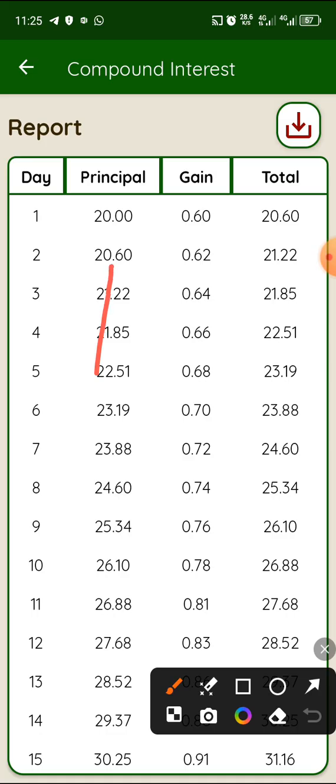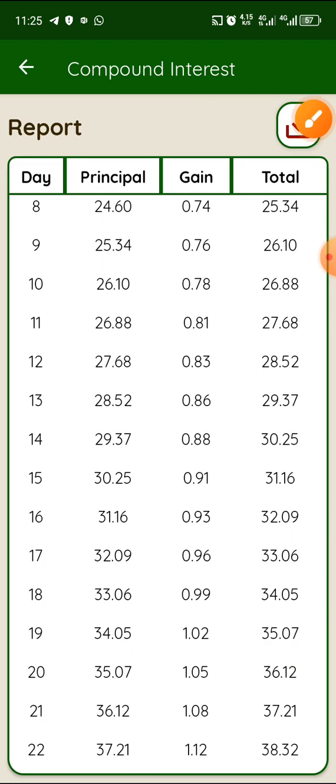Do you see? And this will be your profit, 0.62. It is increasing slowly. Remember, every business cannot grow at hyper speed. It is growing slowly by slowly.